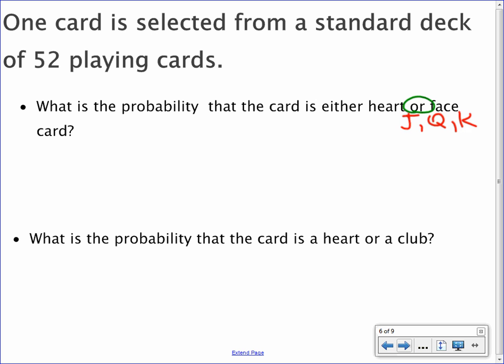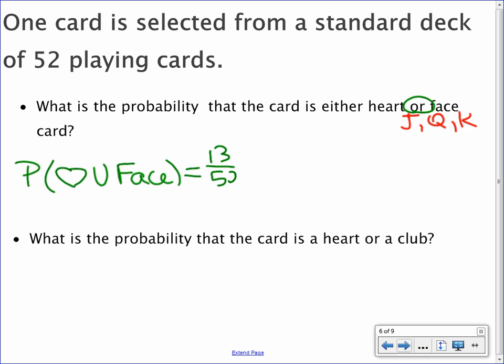So, first of all, the probability of a heart or a face. What's the probability of getting a heart? How many hearts are there out of 52? Or, how many face cards are there out of 52? 12. There's four of each card, we have 3 of them, so there's going to be 12.